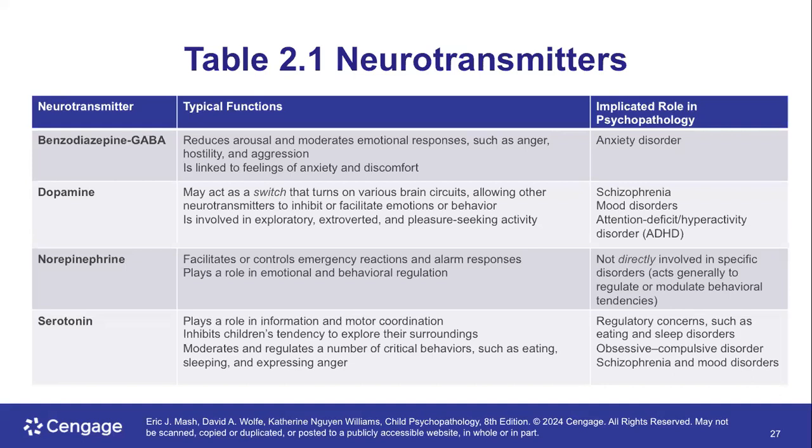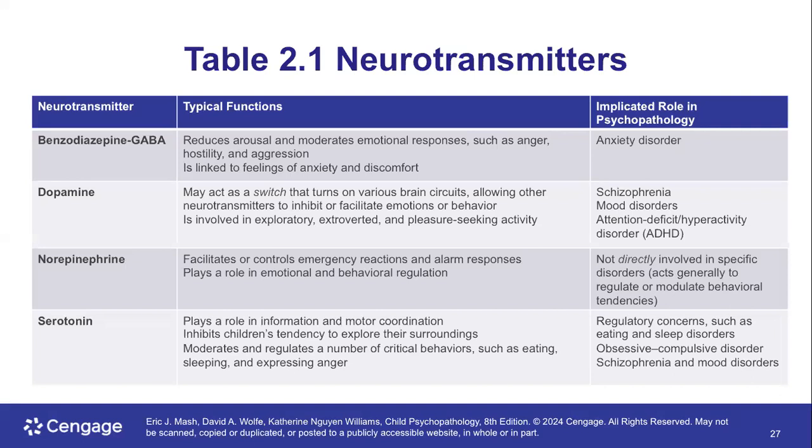Norepinephrine is linked to emotion regulation. In fact, when we talk about bipolar disorder, we're going to talk about the switch theory. Low levels of serotonin and high levels of norepinephrine oftentimes lead to a manic state. And serotonin is linked to sleep-related disorders, eating disorders, mood disorders, and anxiety.